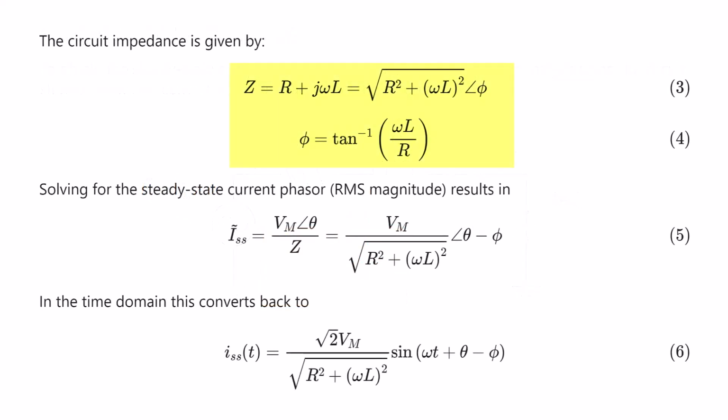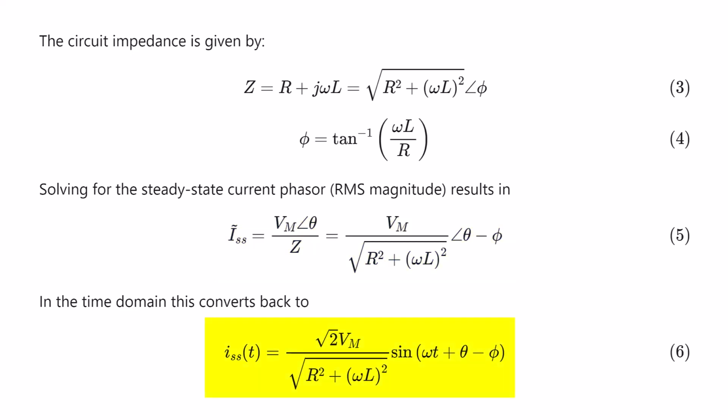The circuit impedance can be represented in polar form by finding the magnitude and angle as shown here, where the magnitude of the impedance is the square root of R squared plus (omega L) squared, and phi is the arctangent of omega L divided by R. We obtain the phasor current by dividing the phasor voltage by the complex impedance to get the magnitude and angle for the current.